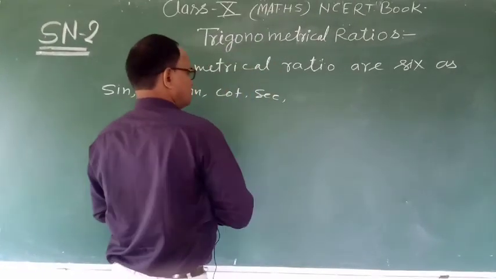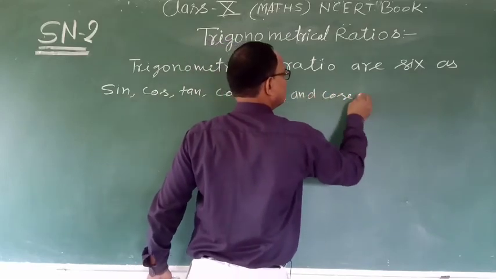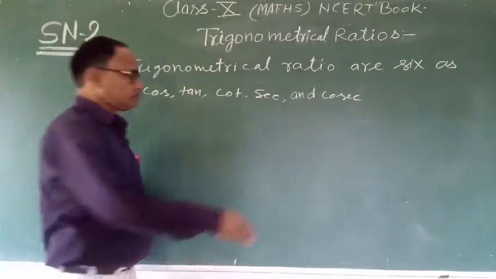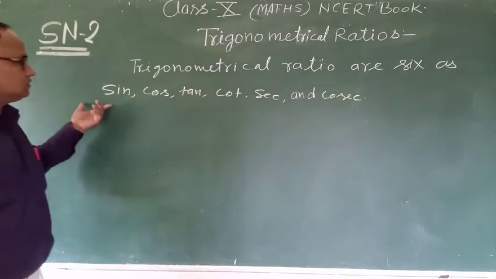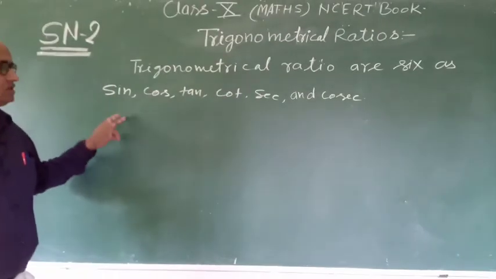Sec and cosec. So these are six trigonometrical ratios, which are very important.